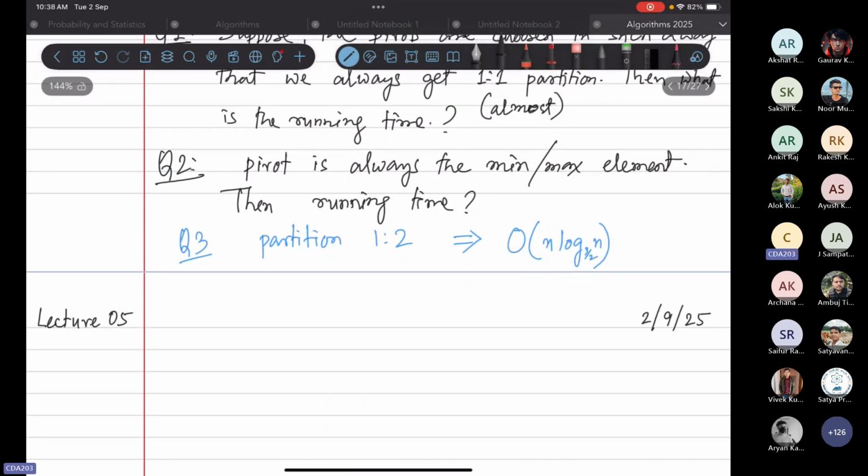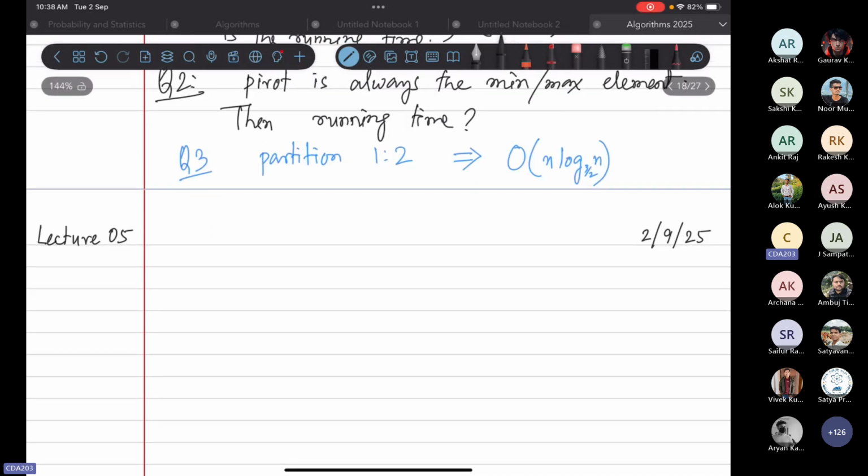These partitions like 1 is to 1, 1 is to 2, even 1 is to 3, someone is saying 1 is to 3, then also we are going to get n log n running time. So the point is, let me highlight this point here.